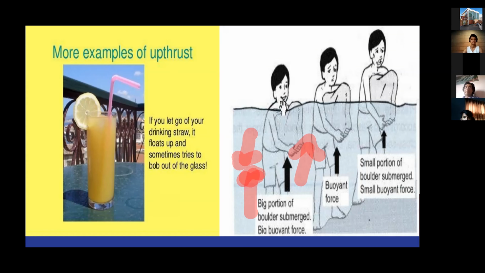Now here, in the first figure, though a little portion is out of water, if we keep the object completely inside the water, this is called fully immersed, or completely, or another word, wholly. W-H-O-L-L-Y, wholly. These words you have to remember, because we have to read them in Archimedes' principle.